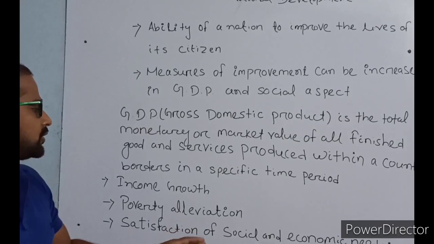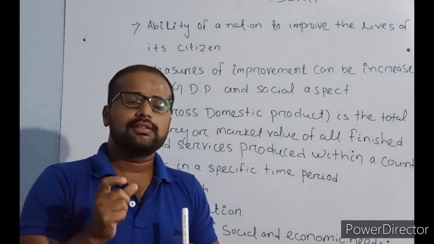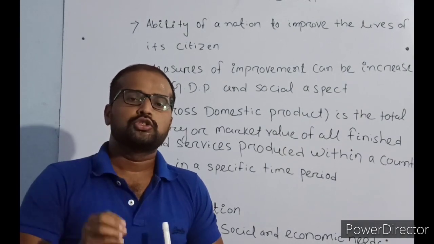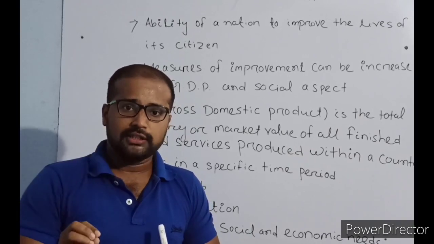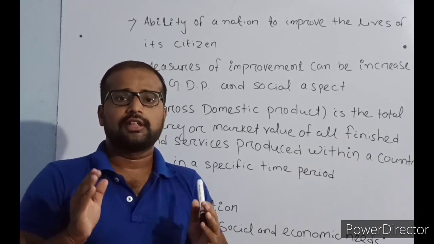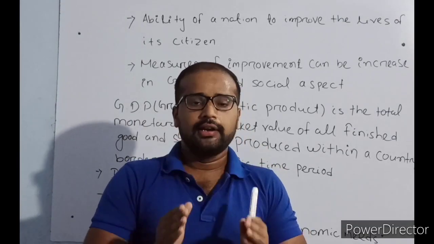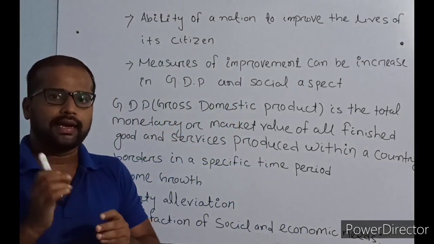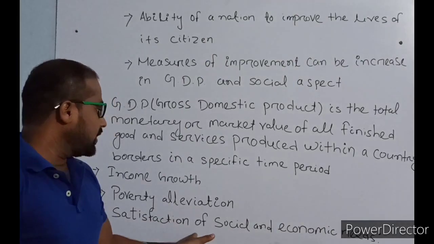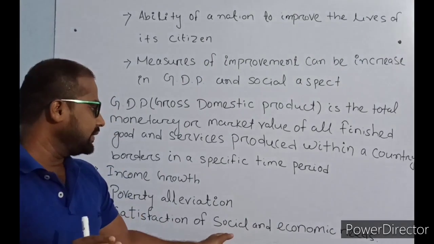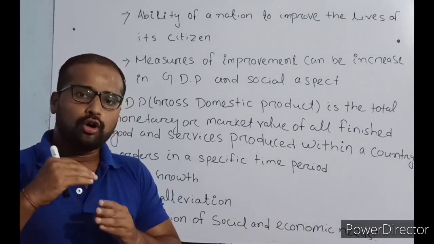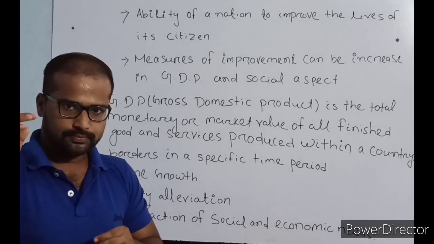And the last, satisfy the social and economic needs, meaning the nation should satisfy all the important needs of the countrymen, and take care whether individuals are getting their socio-economic needs fulfilled by the country or not.